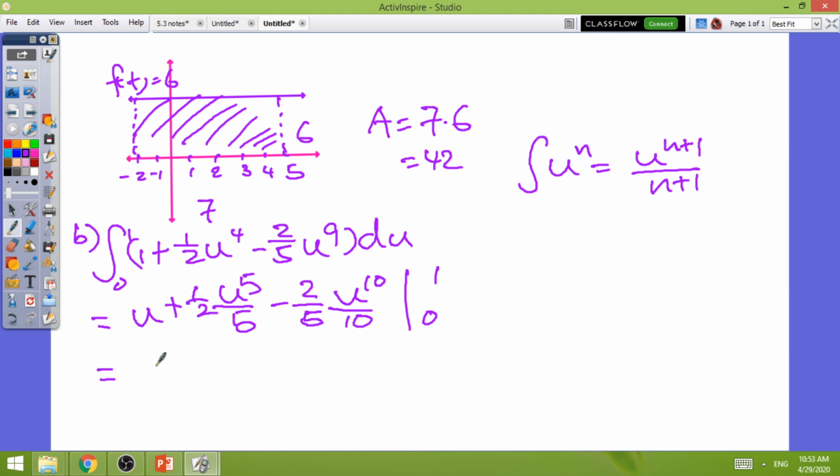So back to the Fundamental Theorem of Calculus part 2, this is written as F of b minus F of a. So F of b means F of 1, so we plug in 1 for u. We get 1, then 1/2 times 1 to the power of 5 over 5, so we get 1 over 10, minus 2/5 times 1 over 10, which is 2 over 50.